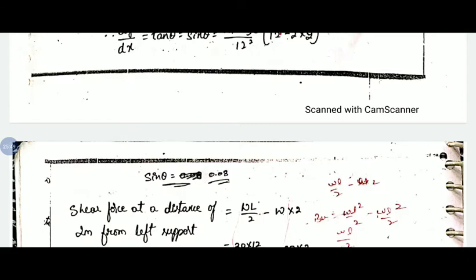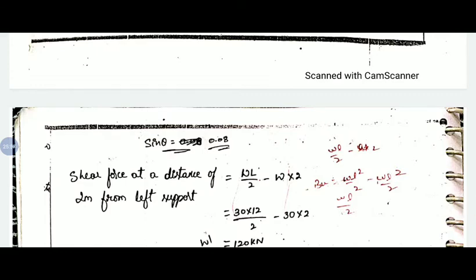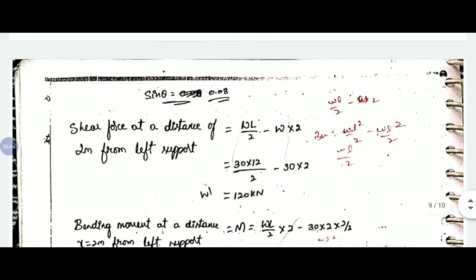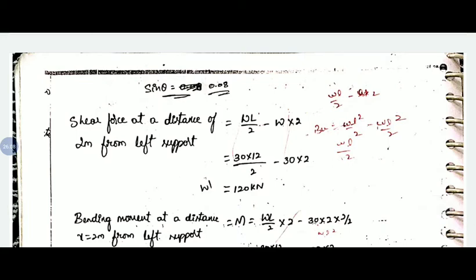Then shear force at a distance of 2 meter from left support: WL by 2 minus W into 2. So this is 120 kilonewton, with respect to dead load and live load.